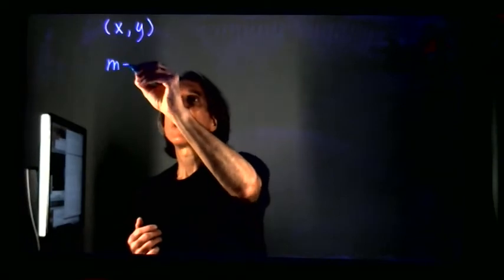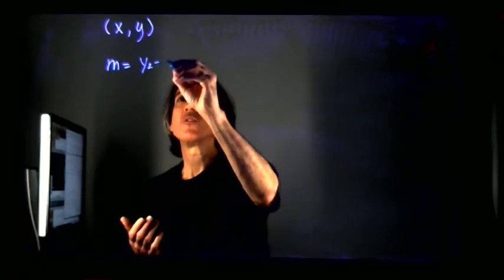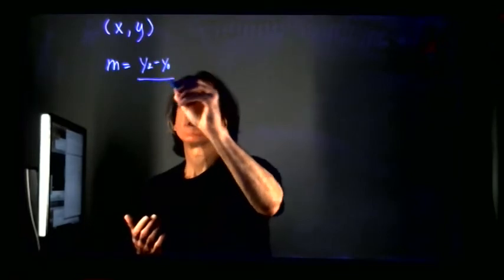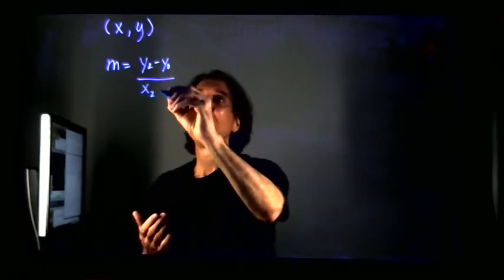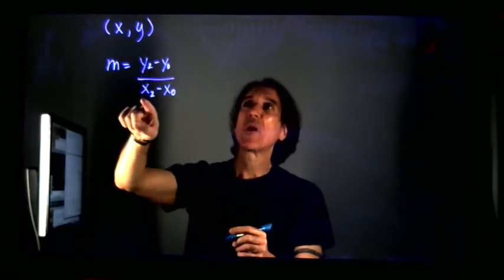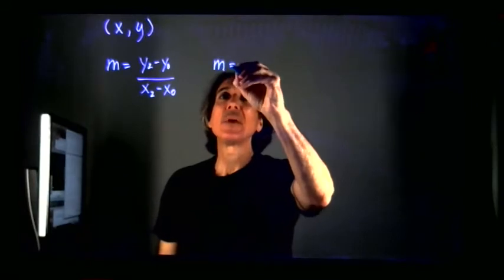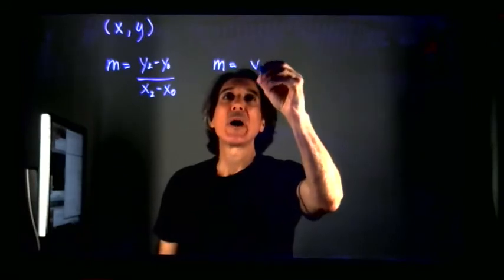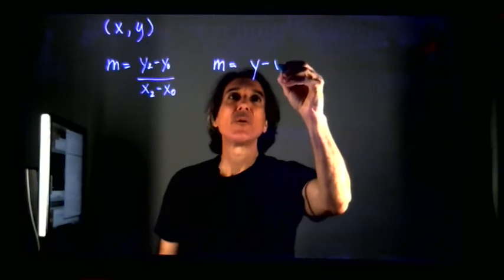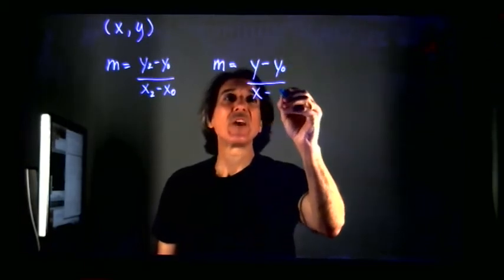So we used to have m is equal to, say, y2 minus y0 divided by x2 minus x0. We're going to take this idea of a general point and replace our y2 and our x2 with this general point. And we are going to write this as m is equal to y minus y0 divided by x minus x0.